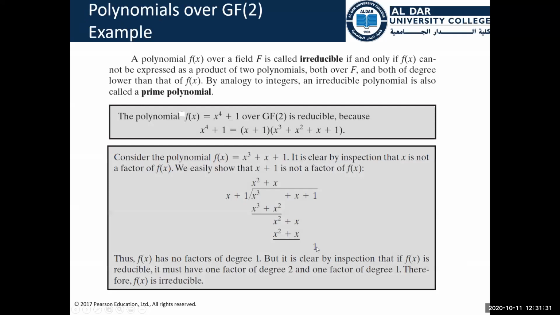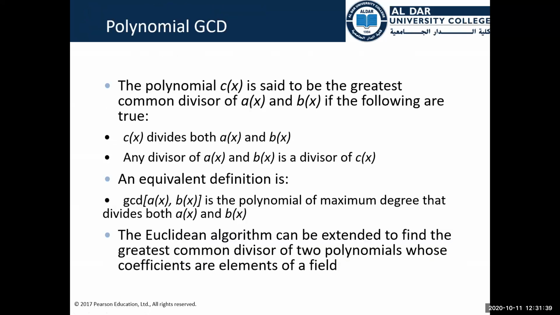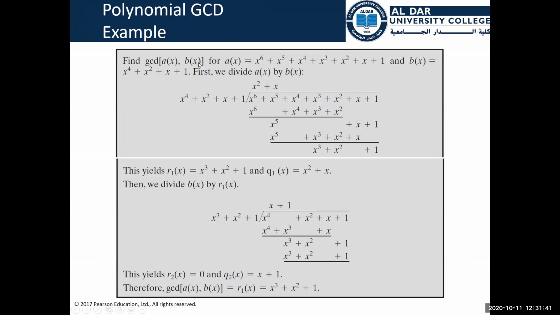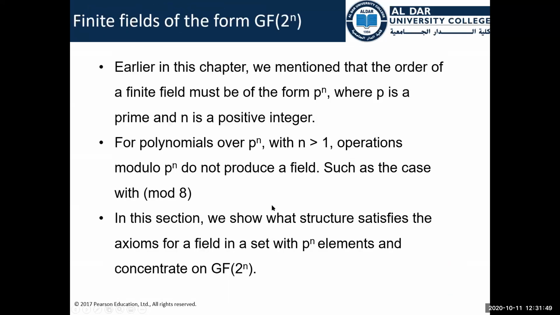And we have seen how x^3 + x + 1 is an irreducible polynomial. And we have seen how to get the greatest common divisor of these two long polynomials, and we get x^3 + x^2 + 1. And now we move to GF(2^n).